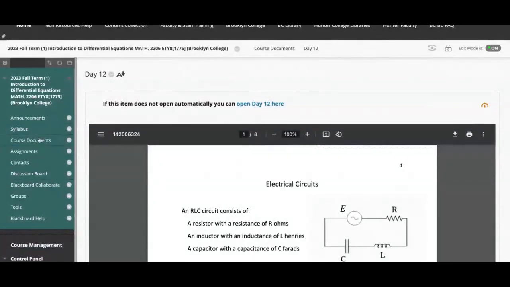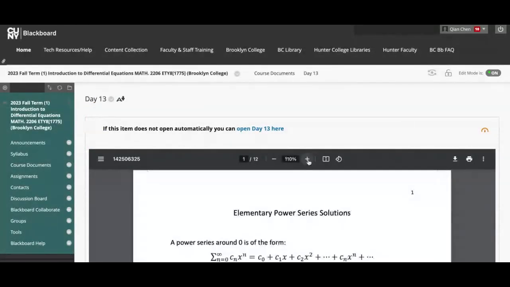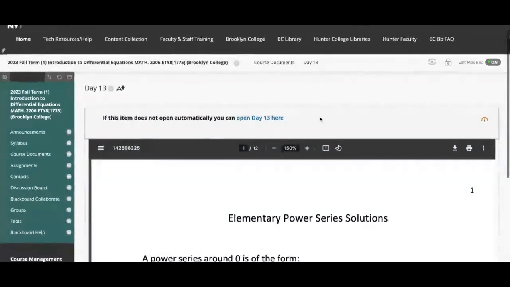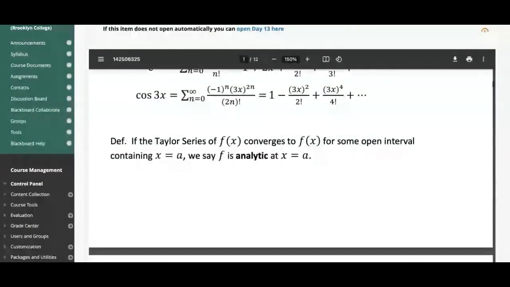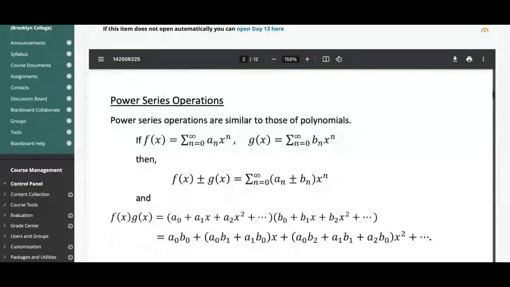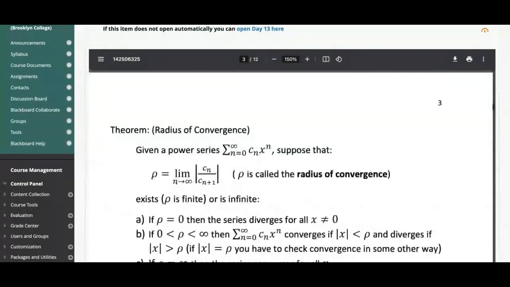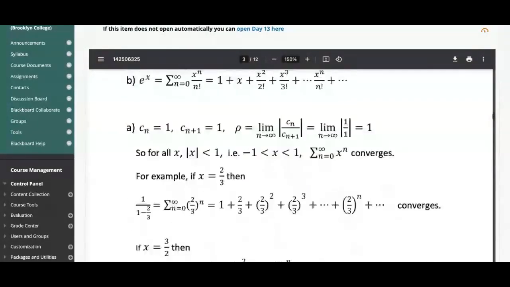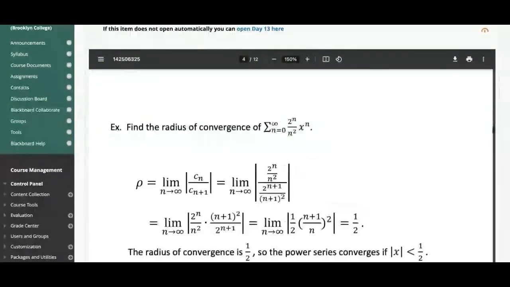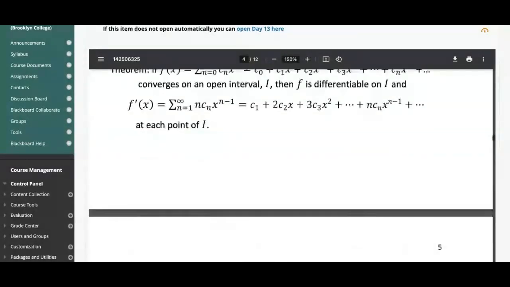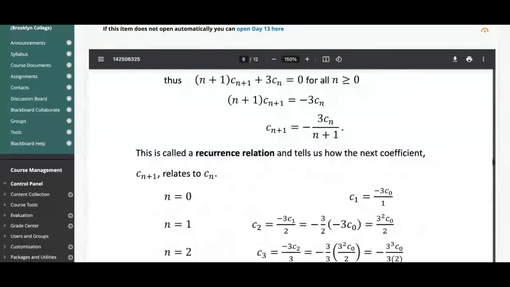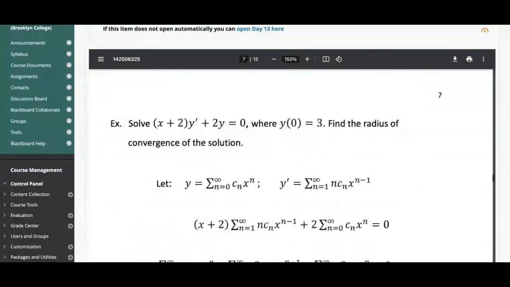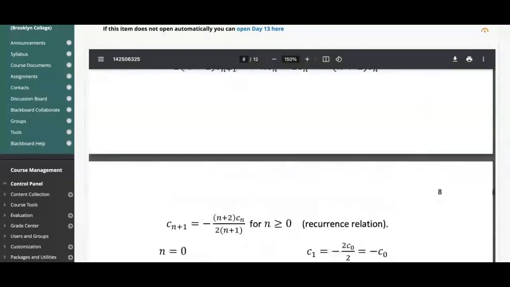Oh, no, this is a 12. I mean 13. Oh, back to elementary power series solutions. Okay, 14 is more interesting.